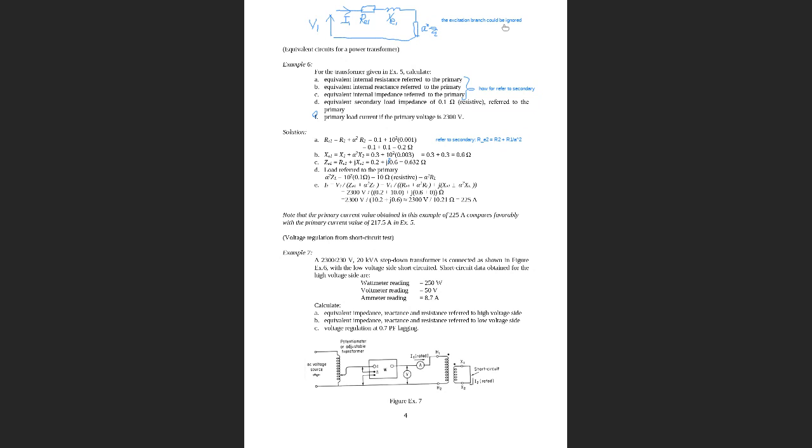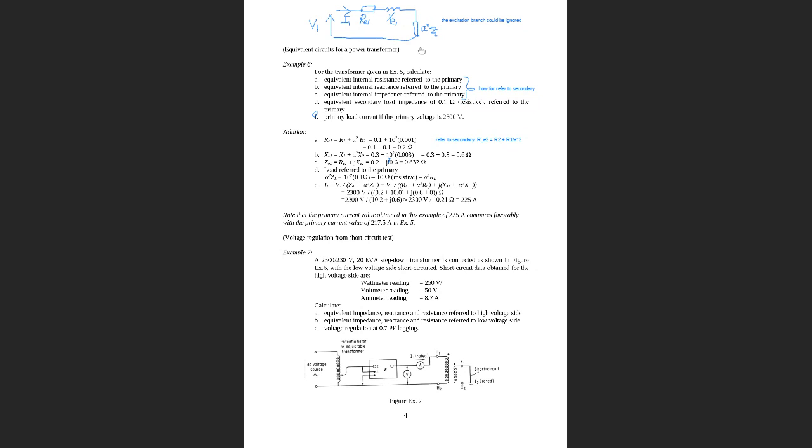So the excitation branch can be ignored. The total input voltage V1, the total input current I1, all the internal impedance referred to primary, and the loading impedance also referred to primary. That's the circuit. It is very simple, right?